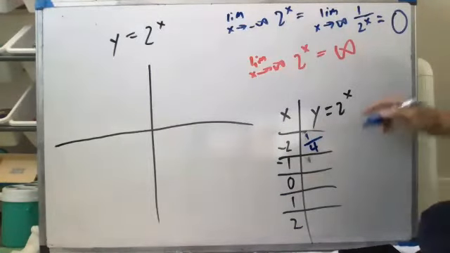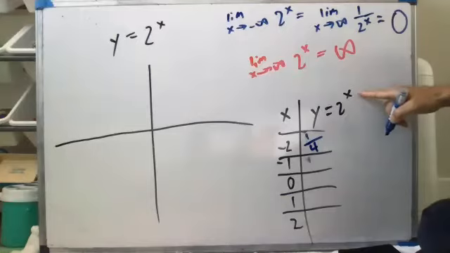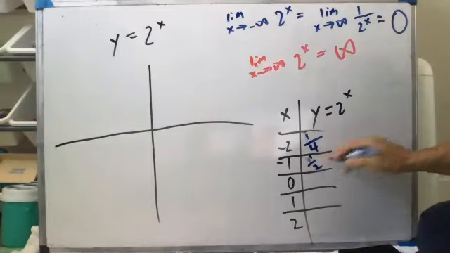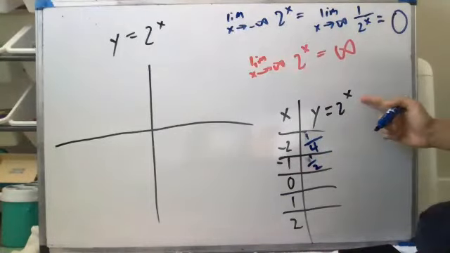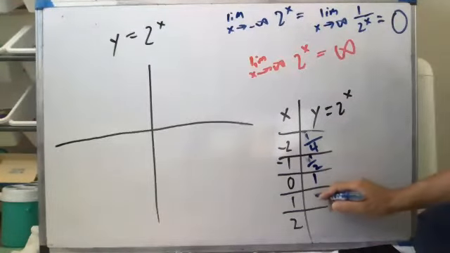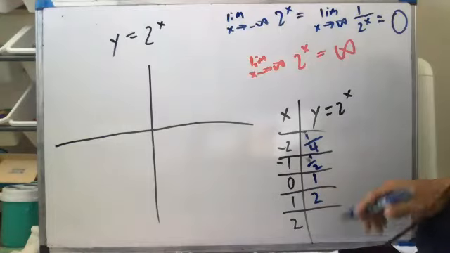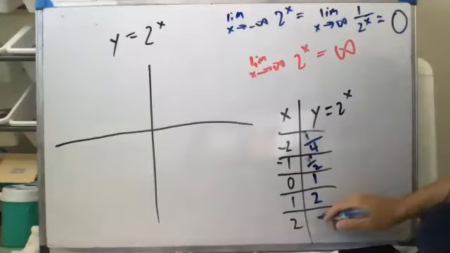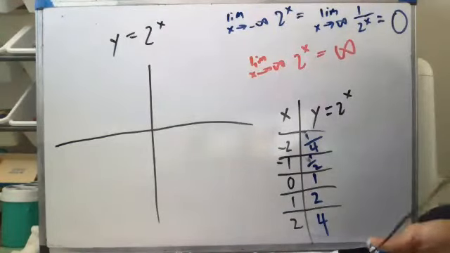If I plug in -1, this is 2 to the -1, or 1 over 2, so that's 1/2. If I plug in 0, anything to the 0 power is just 1. If I plug in 1, it's 2 to the first power, which is just 2. If I plug in 2, it's 2 squared, which is 4.